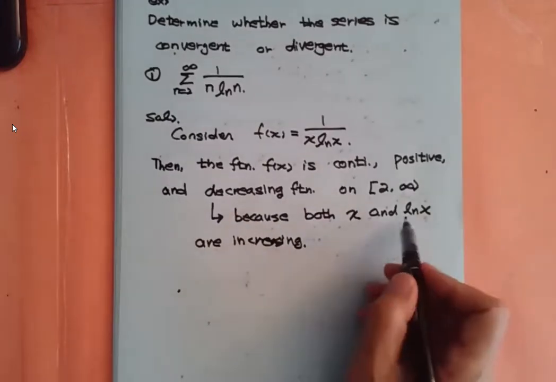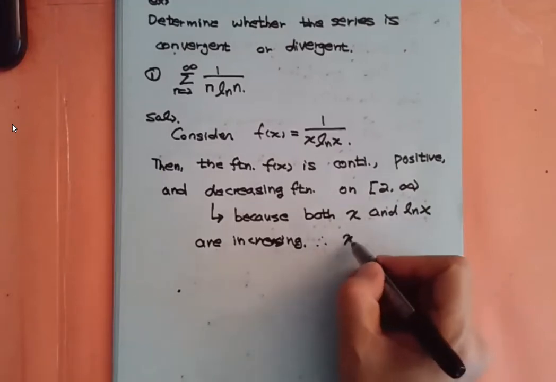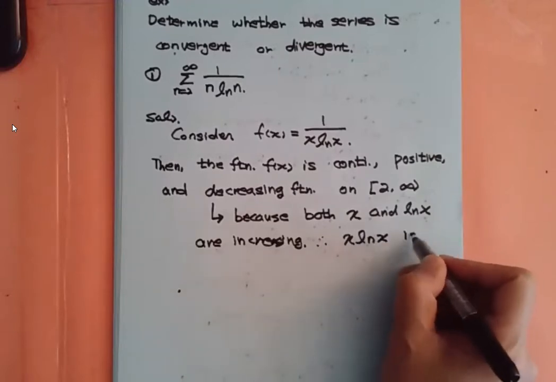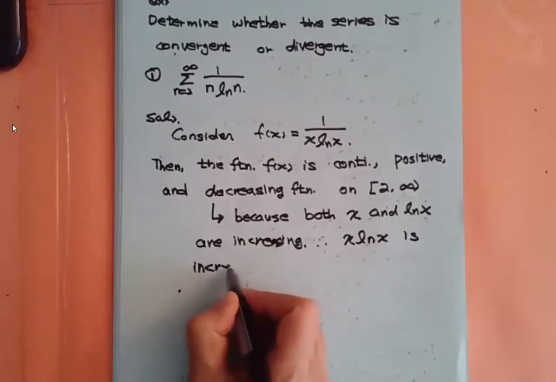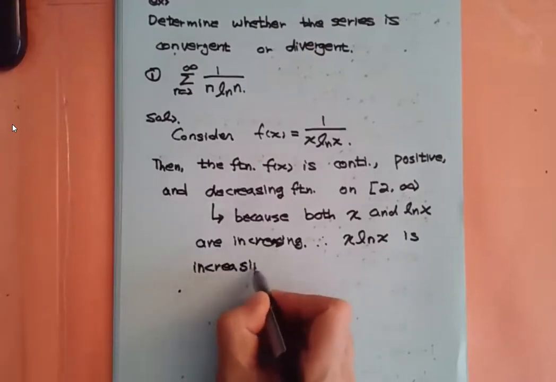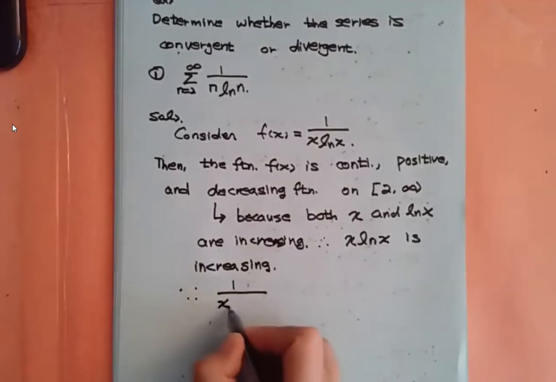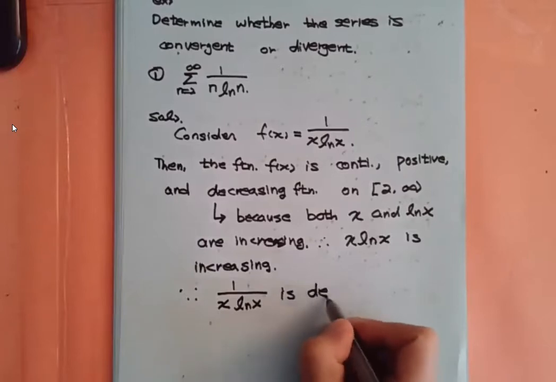So when we multiply two increasing functions, x times natural log of x, the new function is also increasing. Therefore, 1 over x times natural log of x is decreasing.